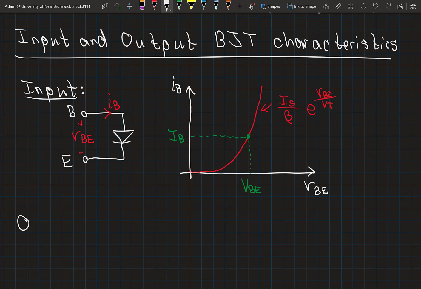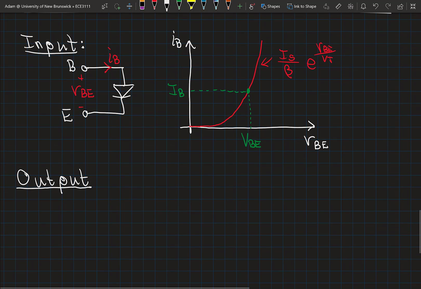Okay, let's look at the output characteristic of the BJT. The output characteristic, at least at first glance, is very simple to model.